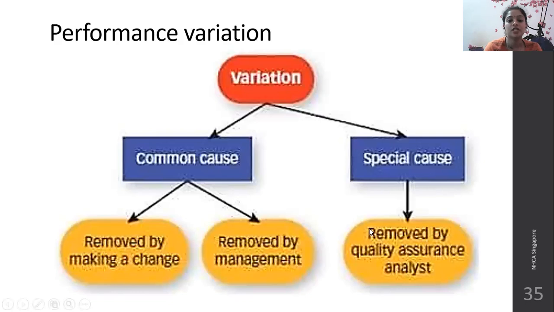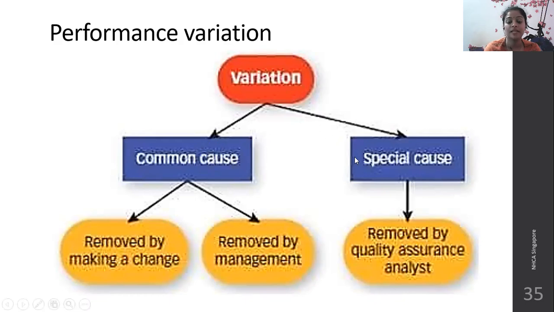So common cause variation, when it happens, it is mostly repetitive. You can use various methods like Lean Six Sigma methods to rectify the common cause variation. It is removed by making a change, removed by management. When there is a special cause, out of a blue moon, rarely something occurred, a variation took place and it affected the performance.